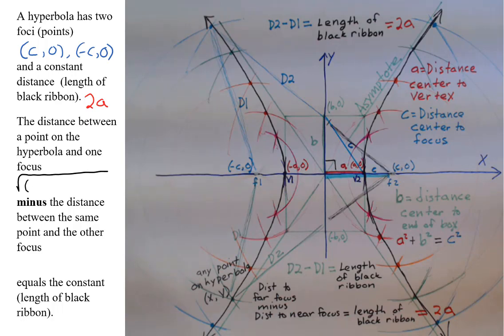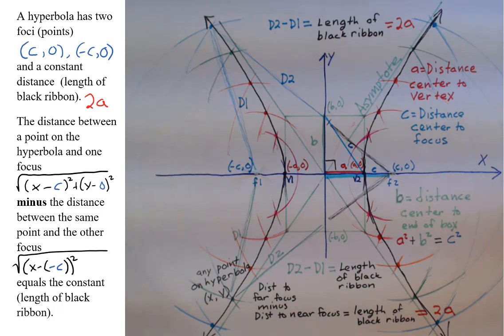For the distance formula, we want the square root of the sum of the squares, the difference in the x-coordinates squared, plus the difference in the y-coordinates squared, minus the distance between the same point, (x, y), and the other focus, (negative c, 0). So that's a similar distance formula, only we have x minus negative c instead of x minus c.